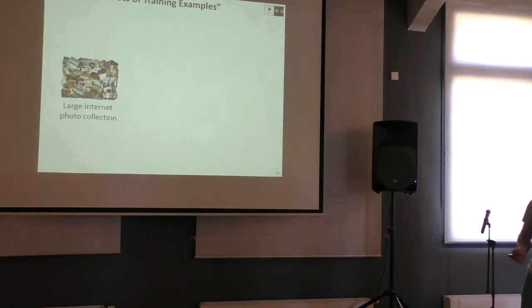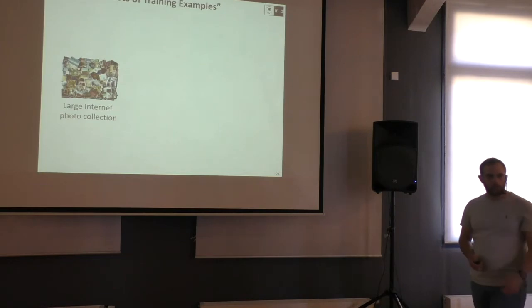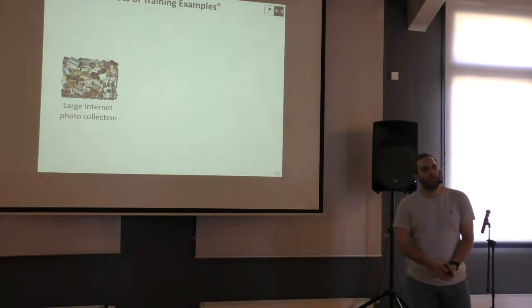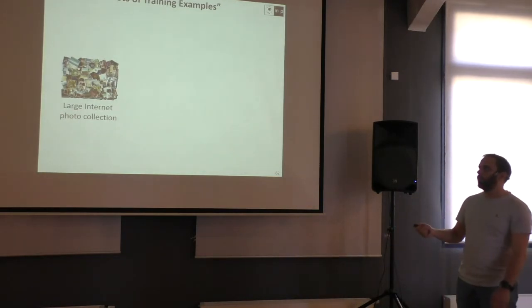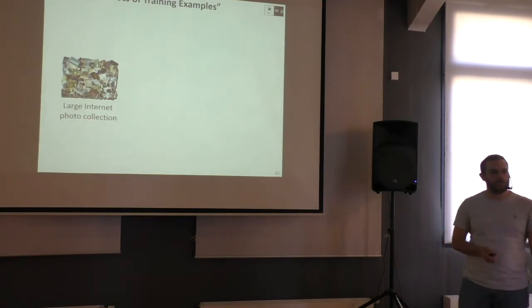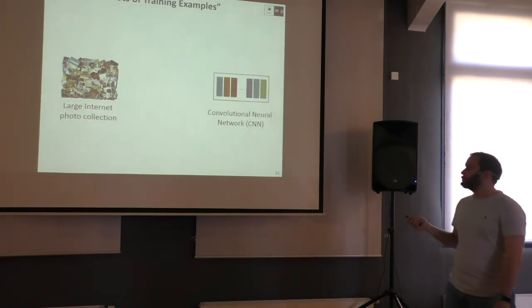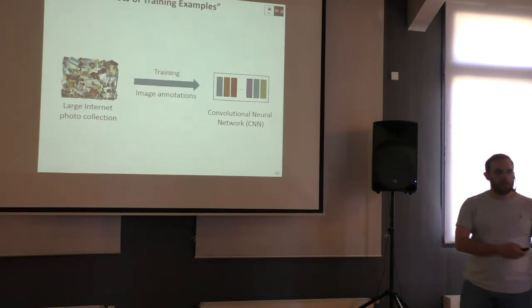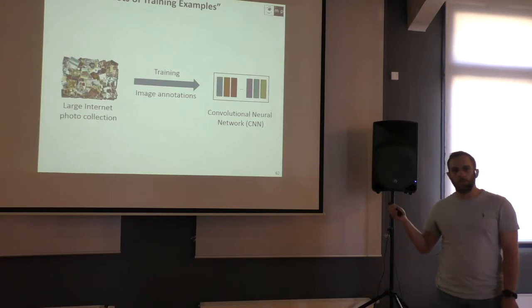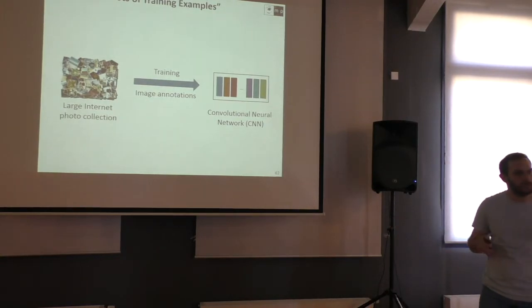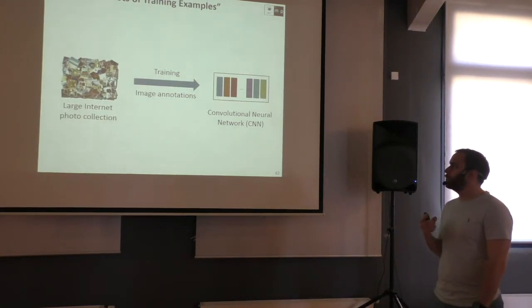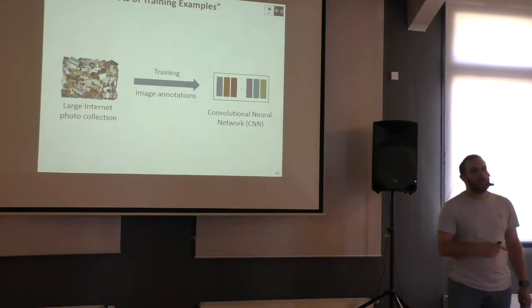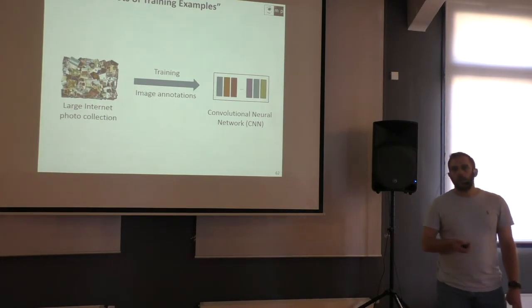So I was trying to push this lots of training examples as a strong motif here, because this is not always very easy to do. You have a large internet photo collection, like in our case it's 7.5 million images, and you want to train a CNN. So in order to do this, you need to have image annotations. For the bag of words, we just build a vocabulary, which is unsupervised. You input only one parameter saying how many visual words you want.